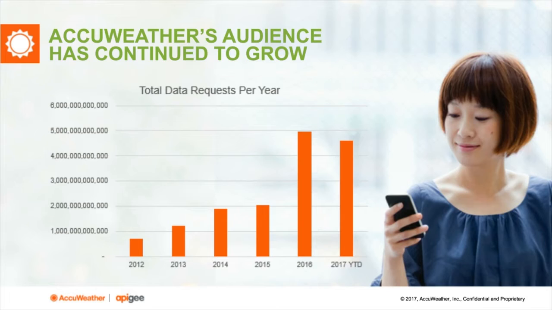So it's allowed us to increase distribution, but at the same time, that increased distribution has enabled us to drive users back to our properties and grow our business as well. And I don't think that fits a lot of other industries where APIs have come in. The delivery is taken over by the API.